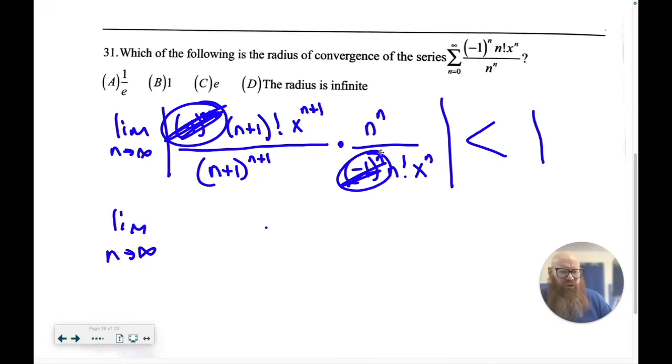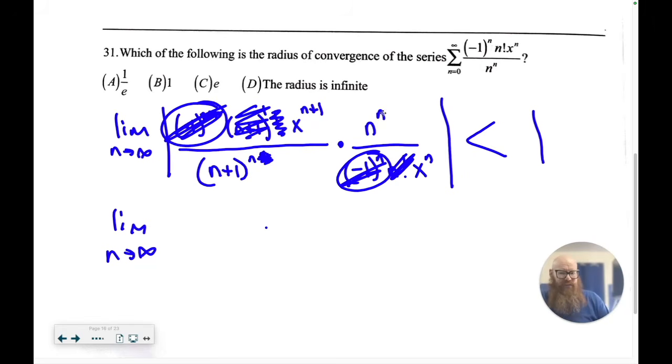So n plus 1 factorial over n factorial: the n factorial cancels and just leaves us with n plus 1. And then that n plus 1 that's left, that's n plus 1 to the first, I can divide that out with this n plus 1 to the n plus 1. And if I subtract the exponents, I just get n plus 1 to the n. So this divides out that way.